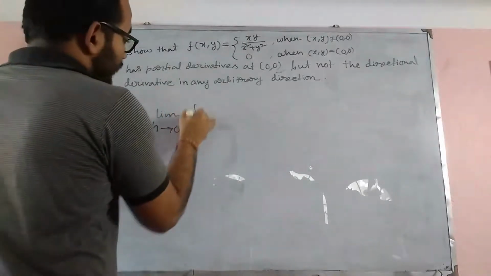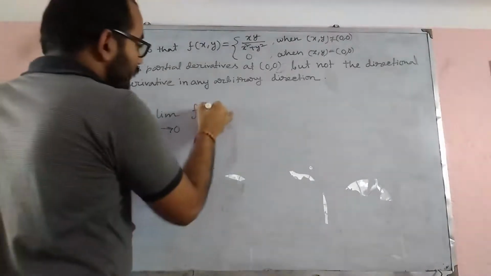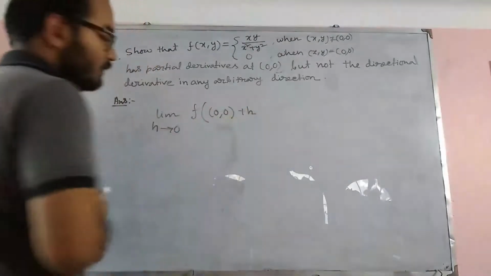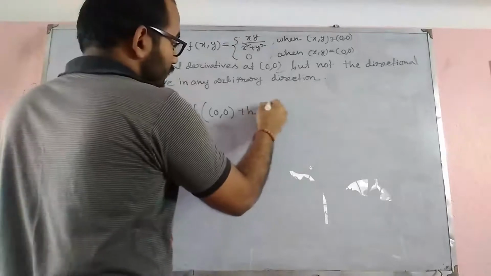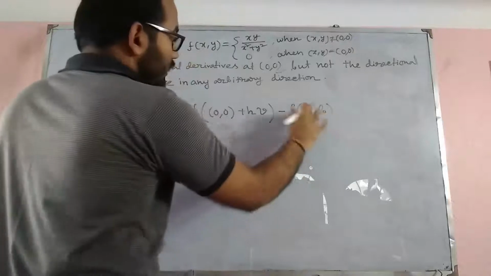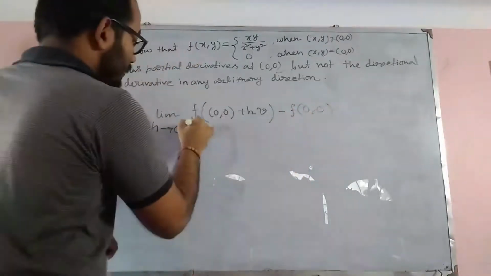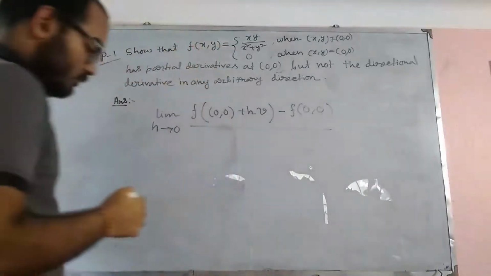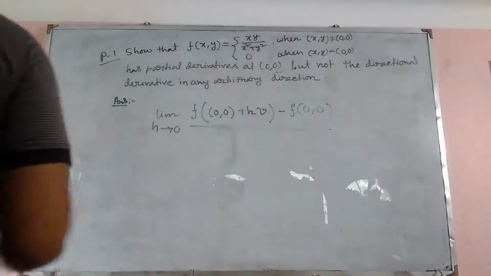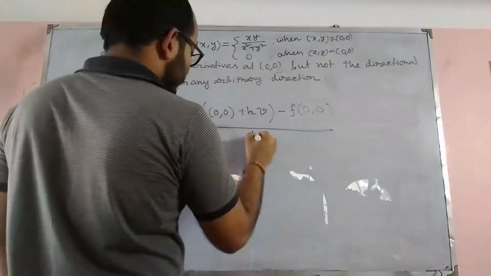Okay, f of 0 comma 0 plus h v, minus f of 0 comma 0, by h.